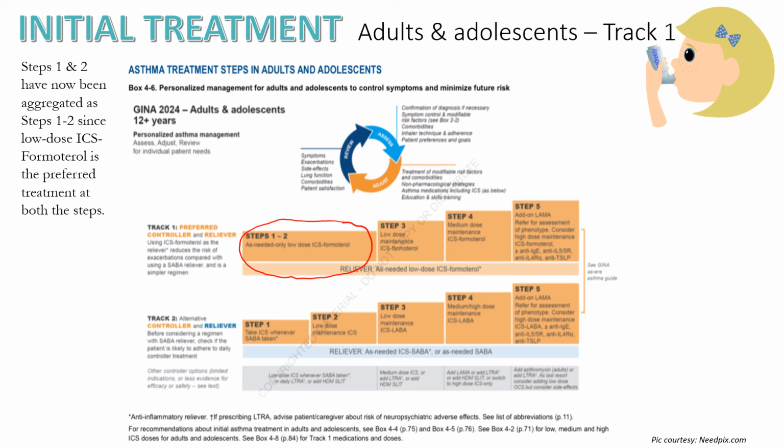In step 1, the reliever therapy is also low dose ICS formoterol. So both these steps have been conjoined, like steps 1 and 2 are the same as a single step only. This is the preferred controller therapy for patients who have low frequency of symptoms.